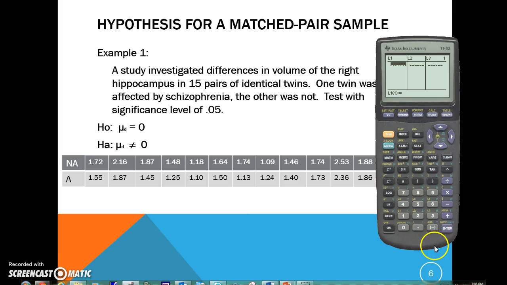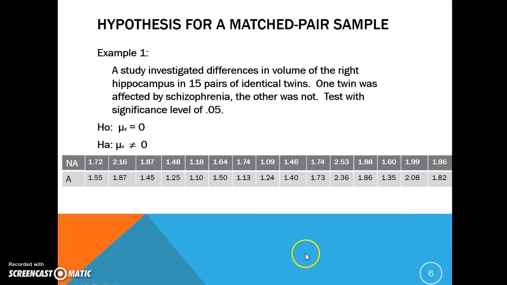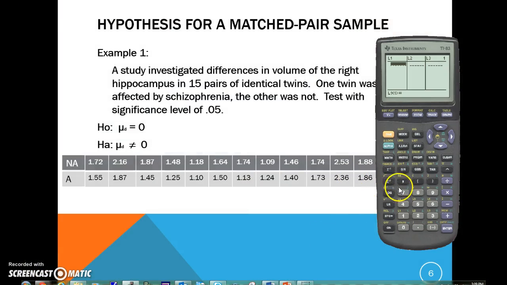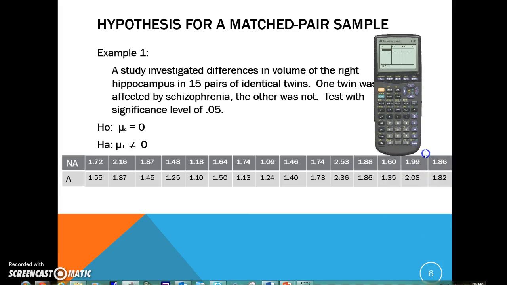I'm going to make this small just briefly. Okay, there we go. 1.72, 2.16, and all the way down. 1.48, 1.18, 1.64, 1.74.